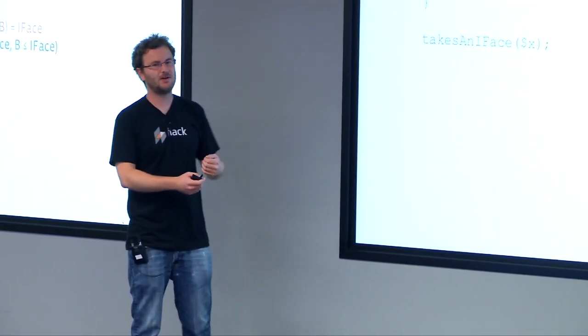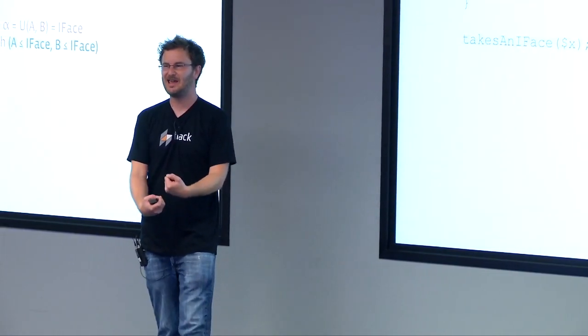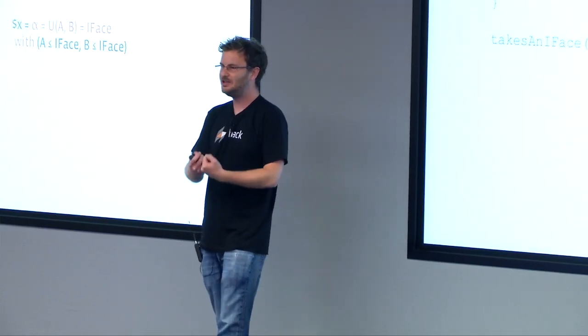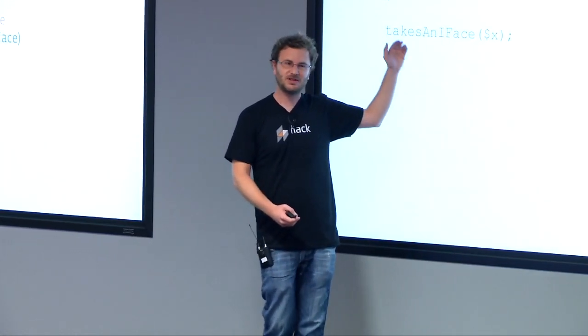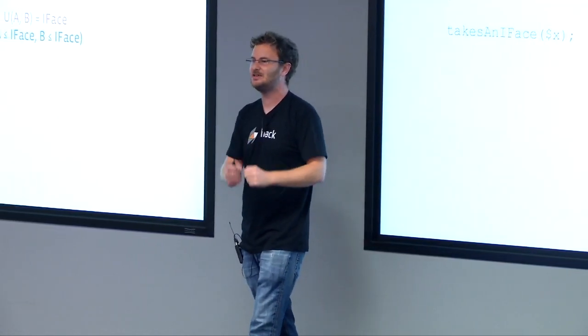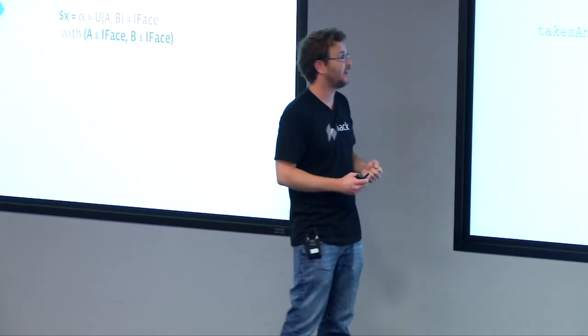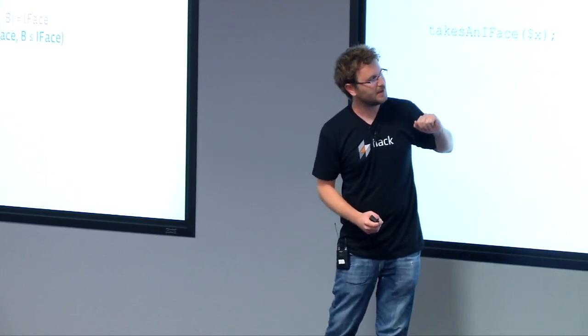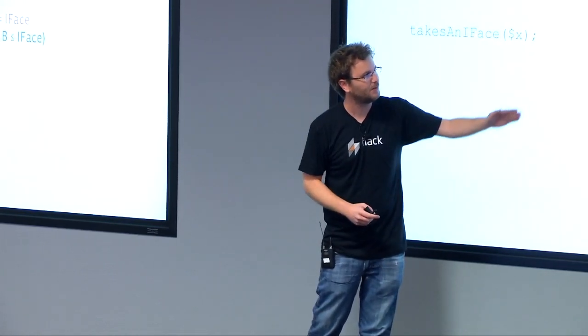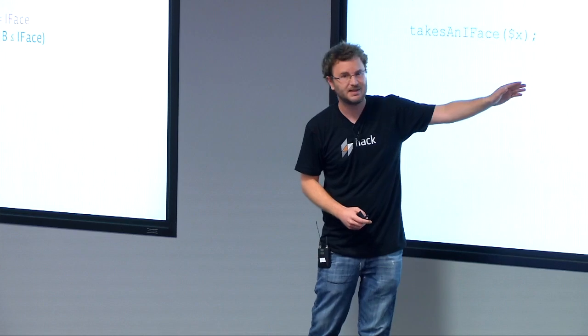And so in a way, with this unresolved type, we are delaying the moment where we deduce the real type of $x. And the moment where we deduce it is when there is a function call or some kind of annotation where you specifically said what you meant. So in this case, I have takes an interface, which is a function that has a type annotation that says iFace.